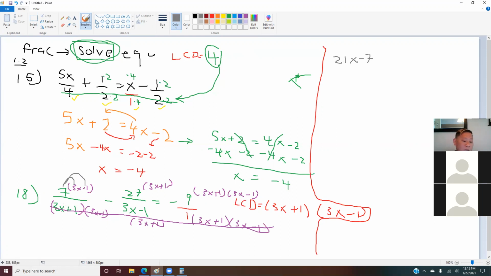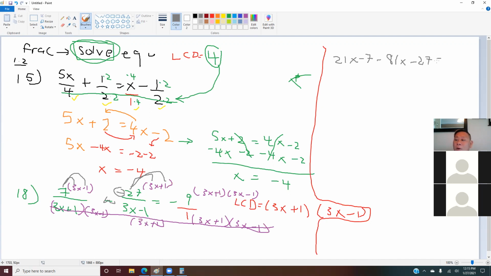Now this one is tricky, because when you distribute it, it is not 27, it's actually negative 27. A lot of students make a mistake here because they forget to distribute the negative. So negative 27 times 3x, if you use your calculator, is negative 81x. So 27 times 3 is 81. And negative 27 times 1 is negative 27.